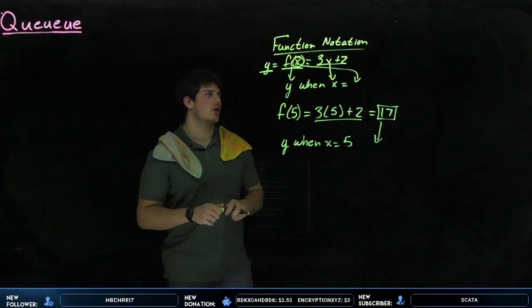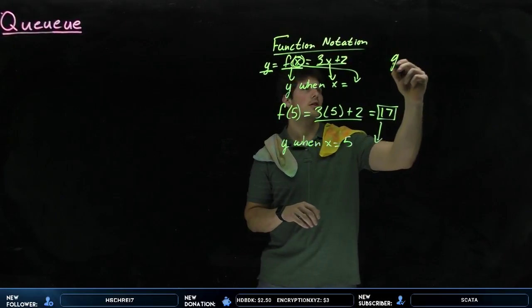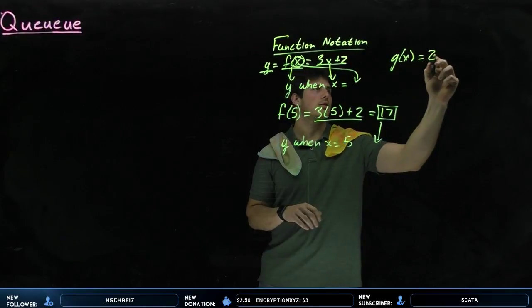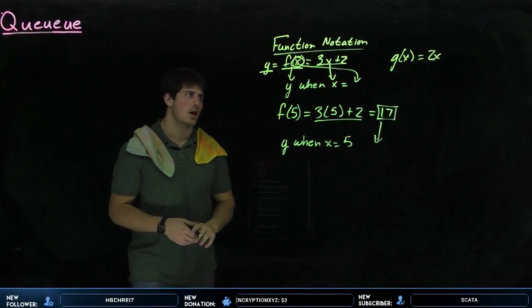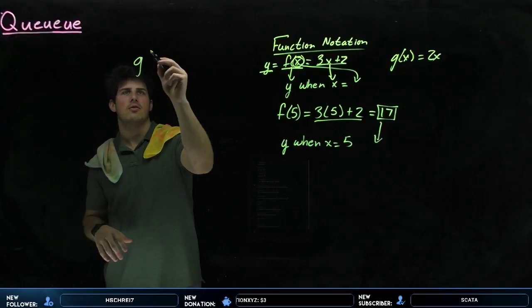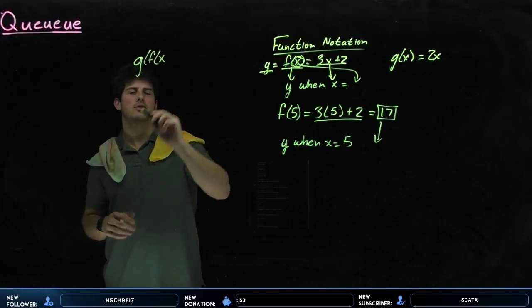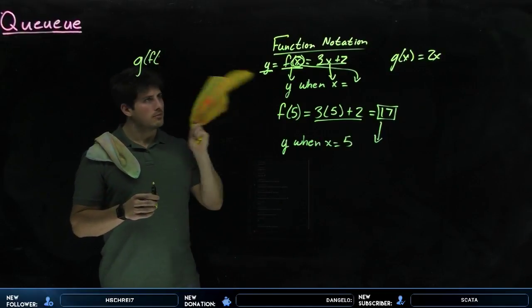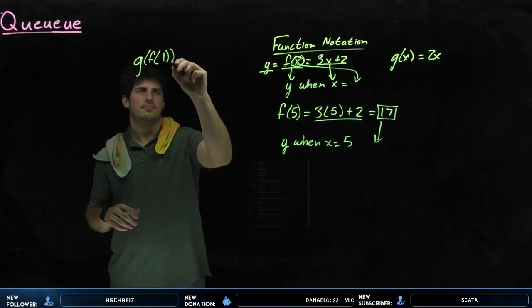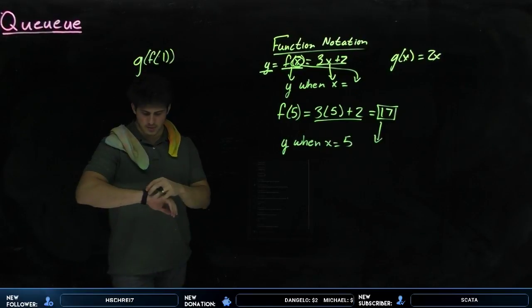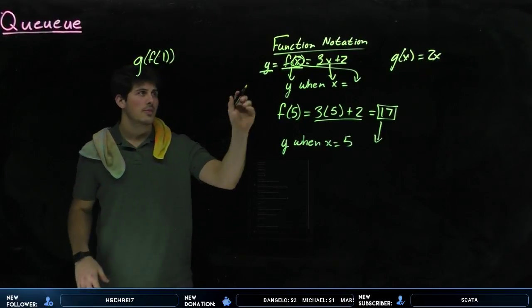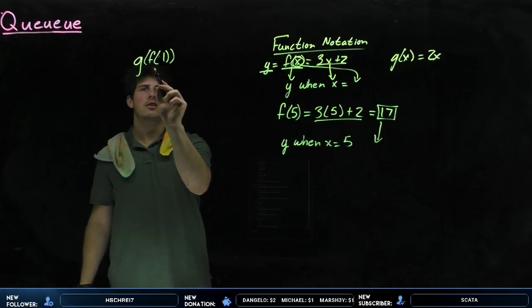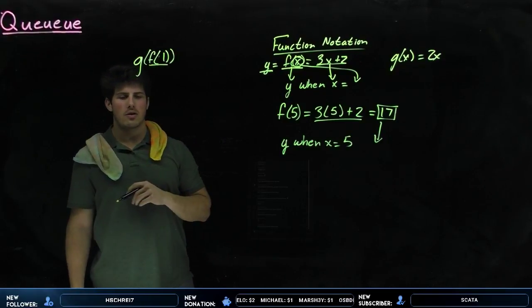It can get a little more complicated if you have g of x over here, and I set that equal to 2x, because then I can do something like g of f of x. Now, f of, what's a number I want? I'll just say 1. At this point, I evaluate the inner function.